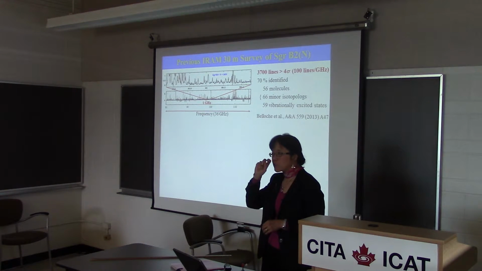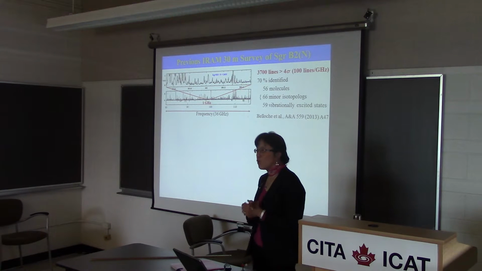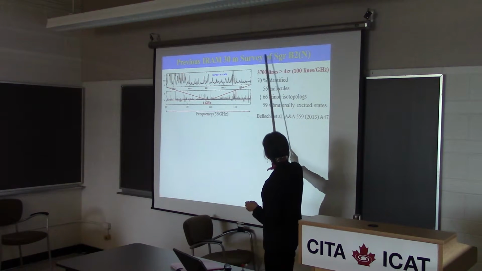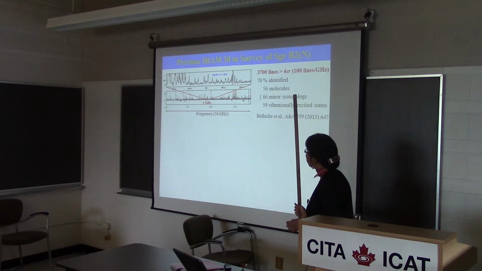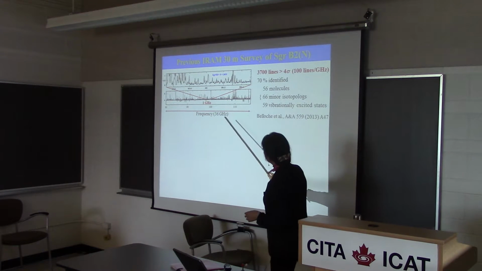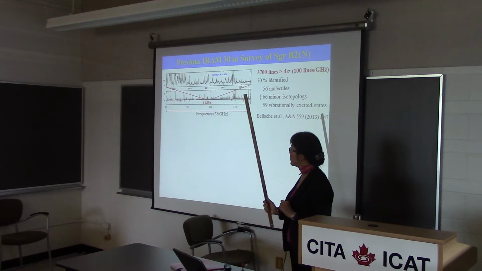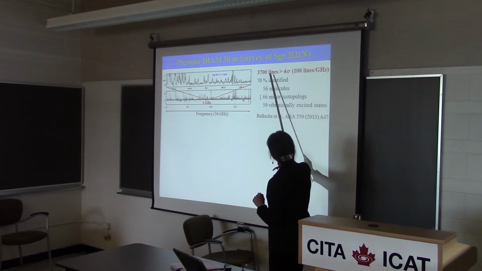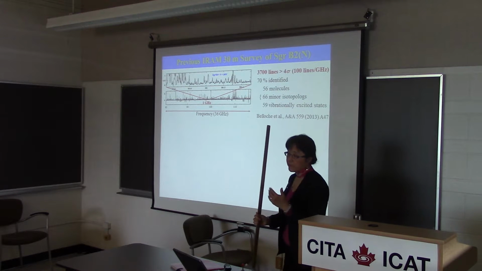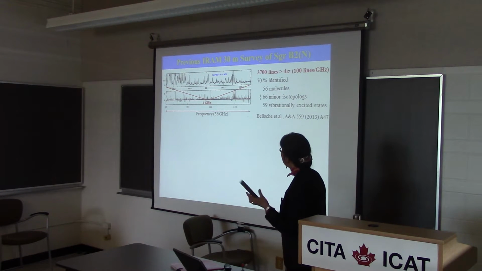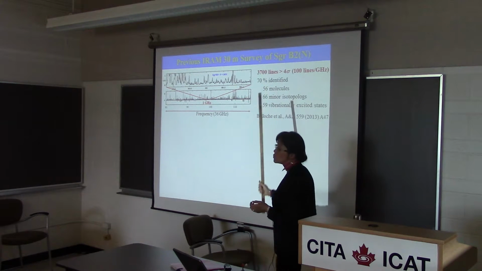So now let me show you the three-year-old single-dish 30-meter survey for Sgr B2. The first survey we did covers about a 36 gigahertz window. Based on a signal-to-noise ratio greater than 4 sigma, we retrieved about 3,700 lines.